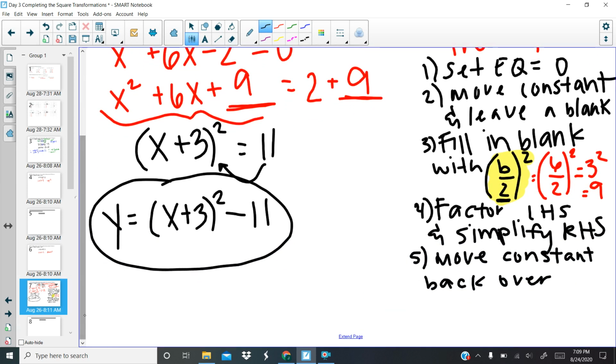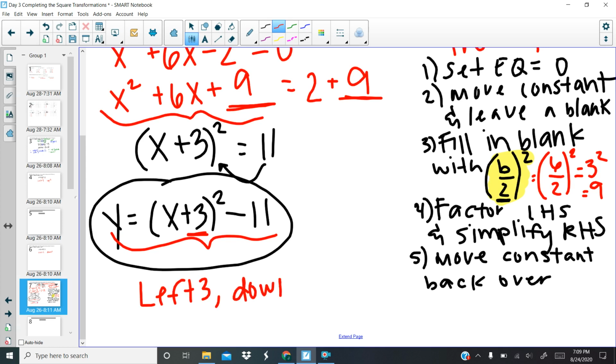The only thing that is beneficial with this equation is you can easily tell that the vertex of the equation was moved left 3 and down 11. So that's the whole point of completing the square to get it in this form, is to be able to tell what transformations were made to that graph.